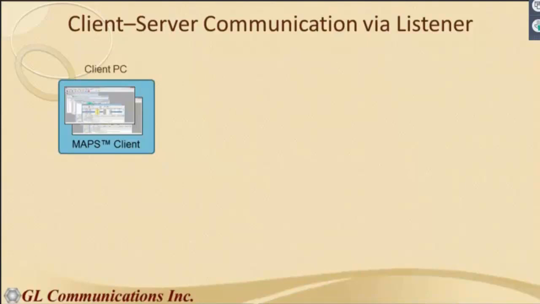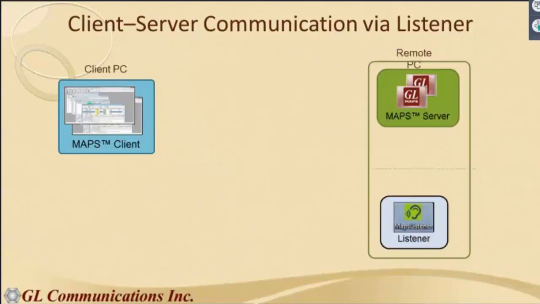We have one client system where we install this Remote MAPS client, and we have a server which has the actual MAPS product installed, where we are trying to simulate a particular interface, for example MAPS EGTP.